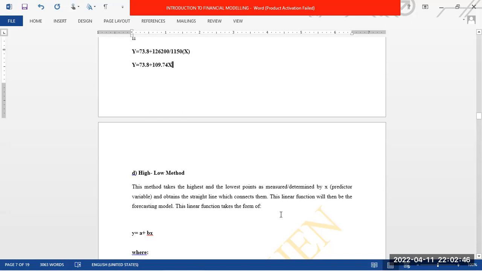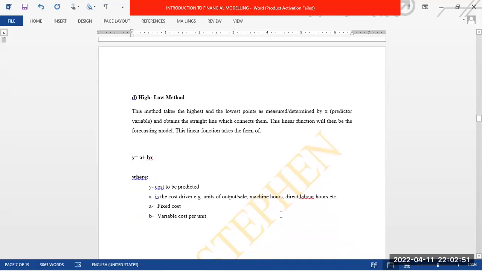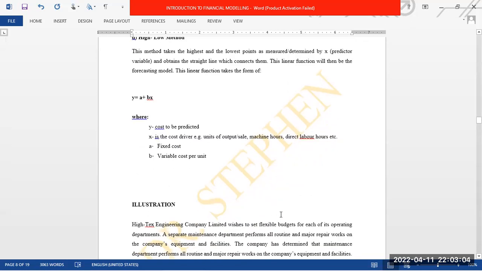So this linear function will then be the forecasting model, in the form y is equal to a plus bx, where y is the cost to be predicted, x is the cost driver, a is the fixed cost, then b is the variable cost per unit.